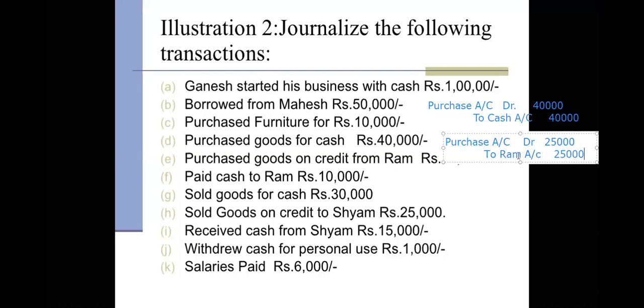You always credit the person who gives you something. So cash is not going out, but you have to write to whom you are supposed to pay in the near future. आपने future में किसको pay off करना है, आपने उससे चीज purchase की. Now you have to pay that particular person. So Ram is the person who gave you something, he is giver, so that is why this person is being credited. I hope this transaction is clear to you.